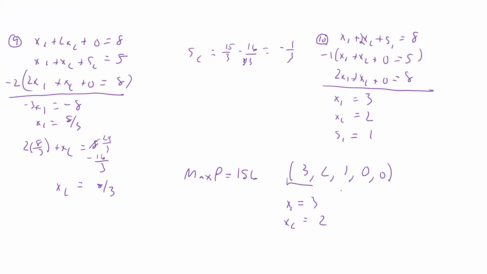But this is going to be my full solution because they're going to want the s's included there for my slack variables. All right, so that gives us hopefully a beginning of what this section is about, and we can work more in class about it.